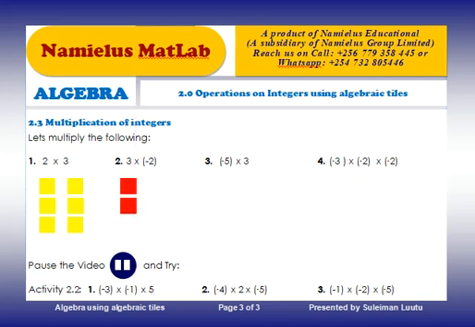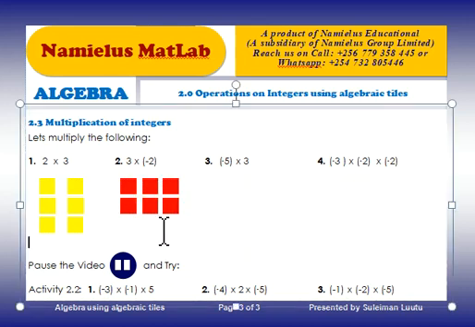So we have -2, and then another -2, 3 times -2. So this one also gives a -6. This one gives -6, and then this one gives +6, as we saw. Then let's move on to number 3.